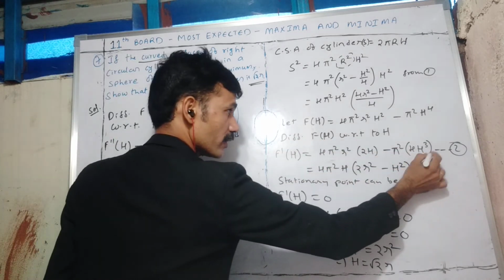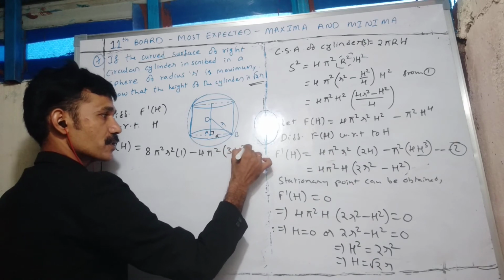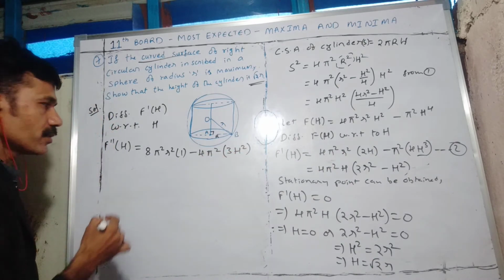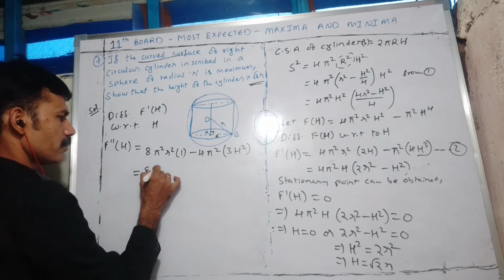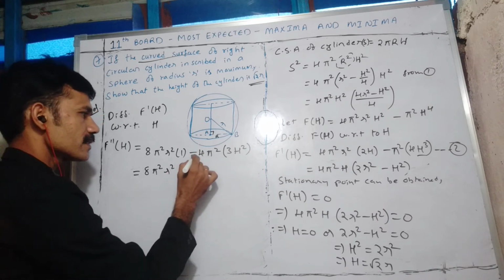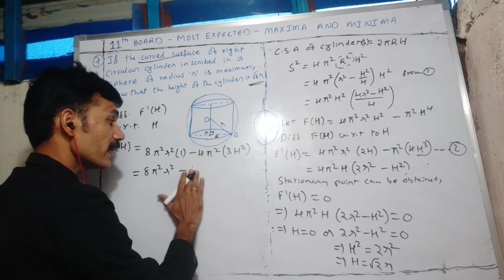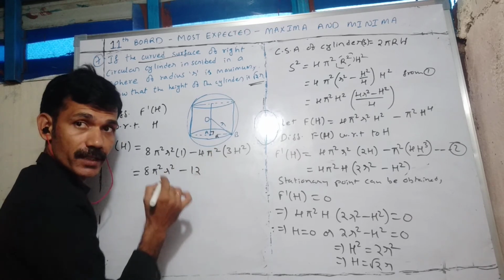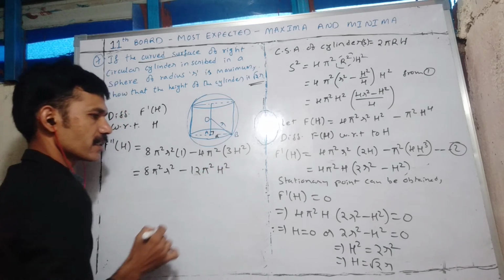If you are differentiating h³, it means 3 times h². So what is f''(h), we'll see now. 8π²r² minus 4, here we can multiply, 4 times 3 is 12, π² is there and h² is there.